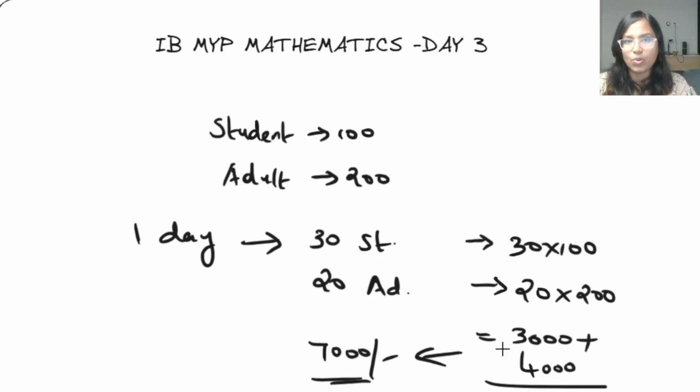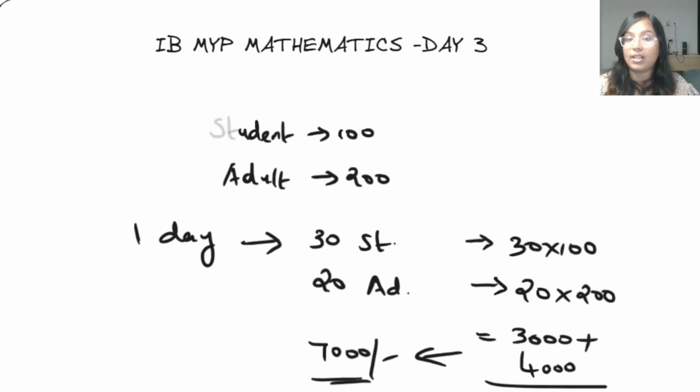The school sells 30 student tickets at 100 each and 20 adult tickets at 200 each. So they generated 3000 rupees from student tickets, and from adult tickets they generated 4000 rupees. By adding both amounts, 3000 plus 4000 is equal to 7000 total. Now the explanation tells a story, right? The mathematics is clear here.